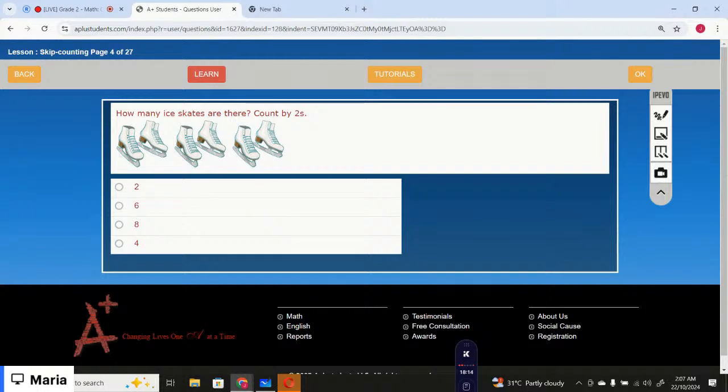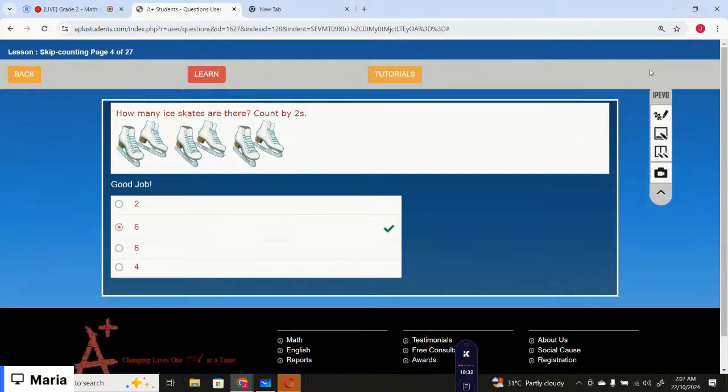Very good. 2, 4, and 6. The correct option is 6.